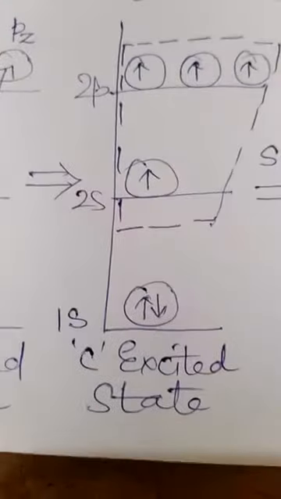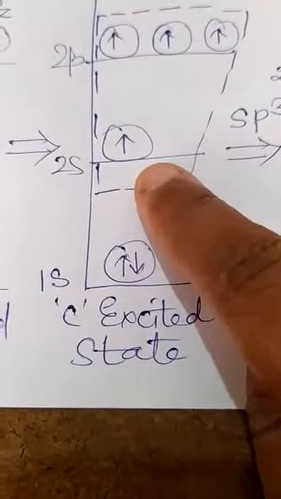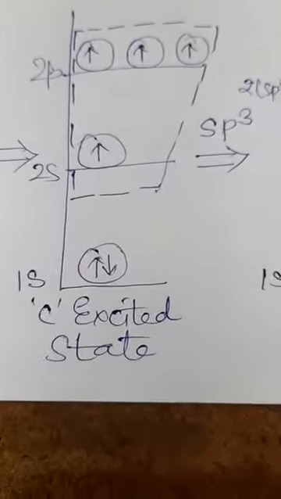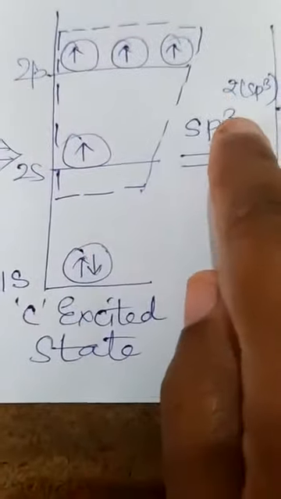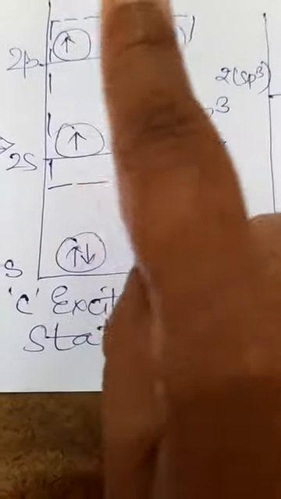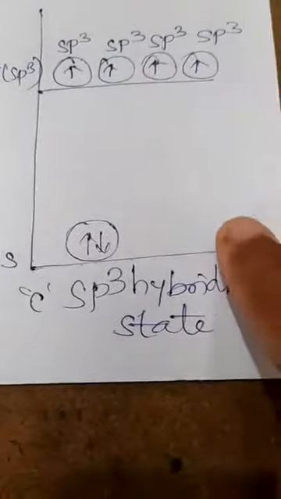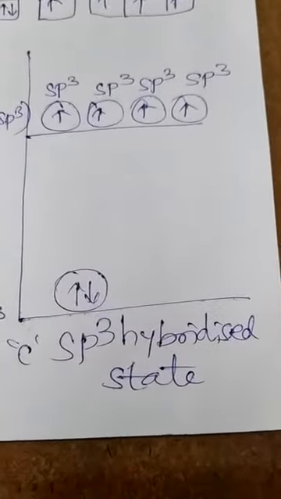When carbon absorbs energy, it migrates to the excited state in which one electron from the 2s orbital jumps to the vacant 2pz orbital. The 1s and 3p orbitals, that is, the 3p orbitals and the 1s orbital, undergo hybridization to form four sp3 hybrid orbitals. This is the carbon atom in the sp3 hybridized state.